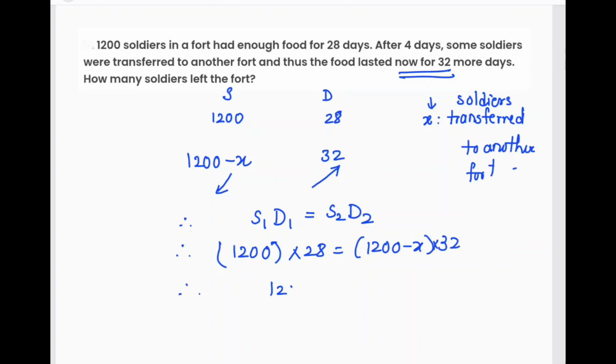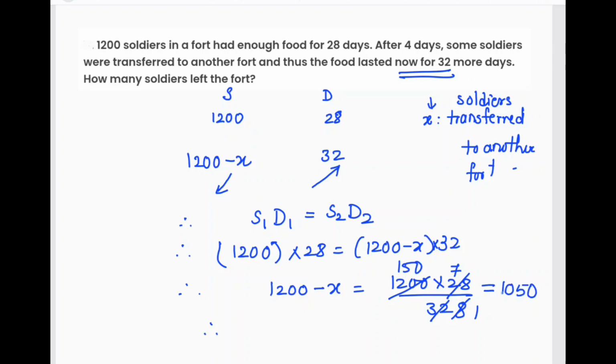So 1200 minus X is equal to 1200 into 28 divided by 32. 4 7s are 28, 4 8s are 32, then 8 1s are 150 into 7 becomes 1050. So 1200 minus X is equal to 1050. Therefore X comes out to be 150. So the number of soldiers transferred to another fort is 150.